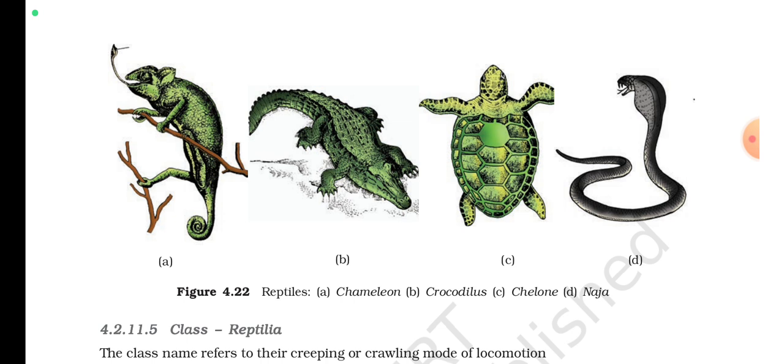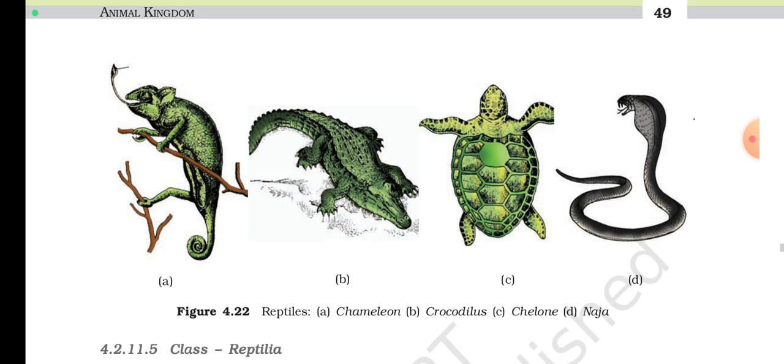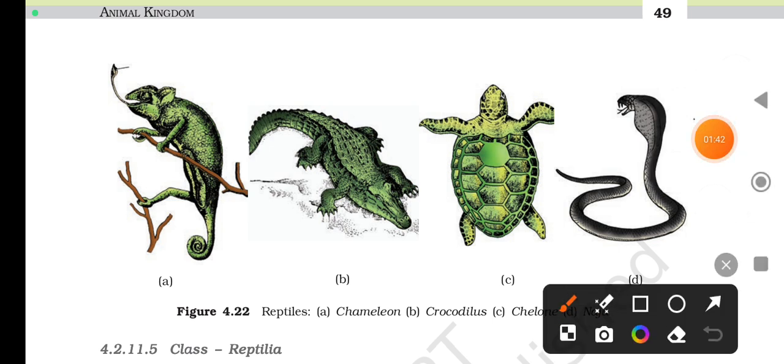You can see the skin of a crocodile. Crocodiles, chameleons and turtles have a hard covering. Actually, these are dry scales. These scales arise epidermally, meaning from the outer skin.